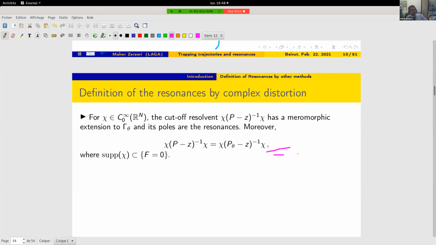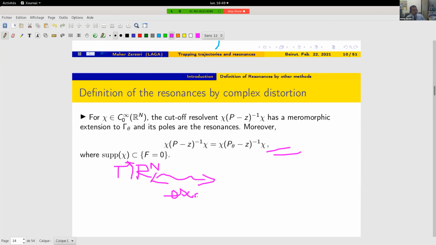So the resultant on P is exactly the resultant on P theta, and the pole of this resultant is exactly the same as the pole of this resultant. Of course, this technique is done more generally, to distort all the cotangent bundle of Rn. This is done by what we call an escape function.